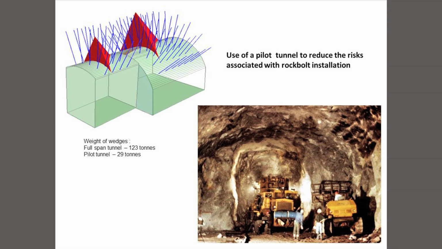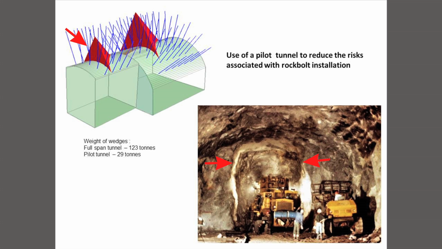The answer is deceptively simple when you think it through, and it introduces the concept of pilot tunneling, which we use a lot in tunnel driving. So if you take your 8 meter span and you drive a tunnel 6 meters wide in the middle of it, 6 meters is wide enough that you can get your machinery in there and still do your job, but the wedge that you allow to form is now reduced from a wedge of 123 tons in weight to a wedge of 29 tons in weight.